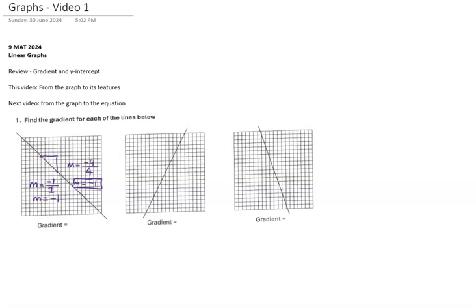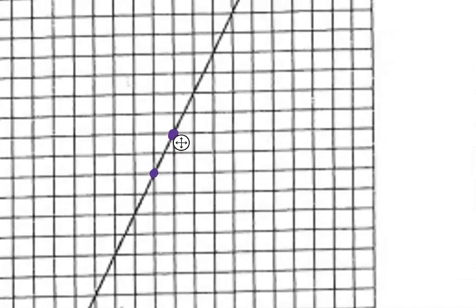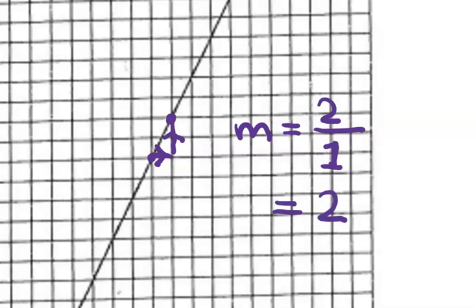Now let's look at these next couple. We'll go a little bit faster now. I've got a blobby point here, and another one here. Blowing up that graph a little bit so we can see it, you can see that I've gone out 1 and up 2. So the gradient is 1 for my bottom number, the out number, and 2 up, which gives me a gradient of 2.